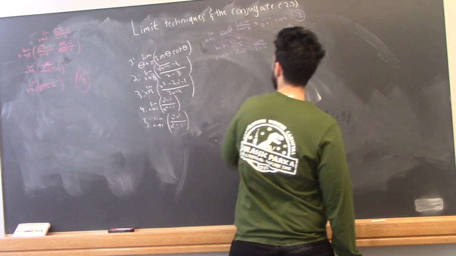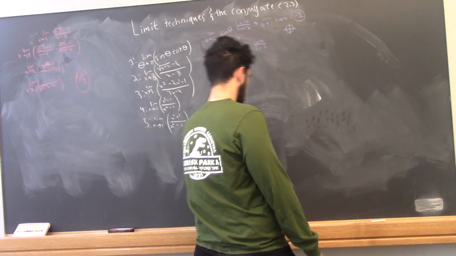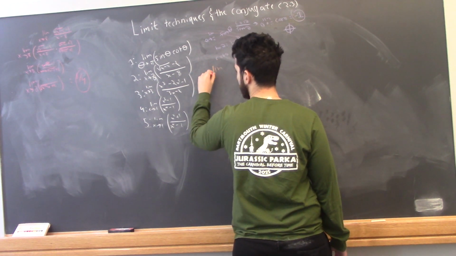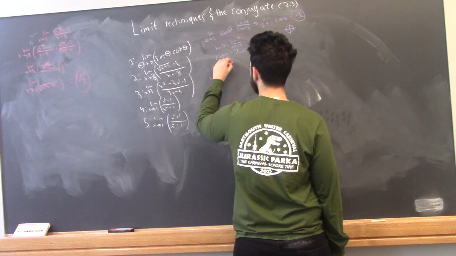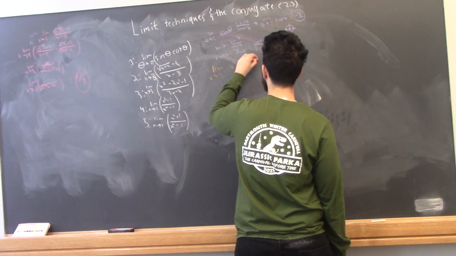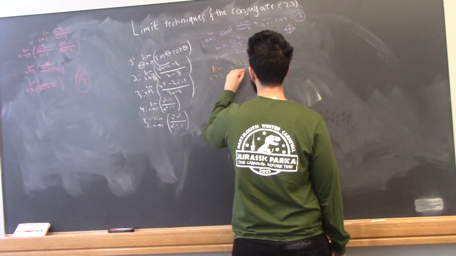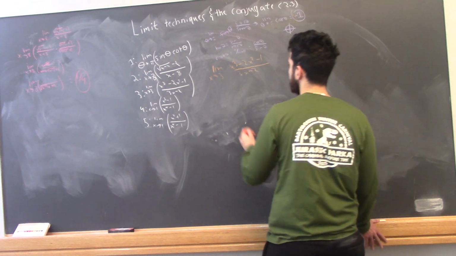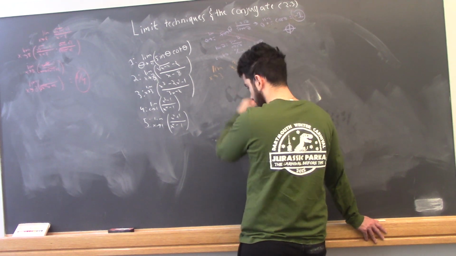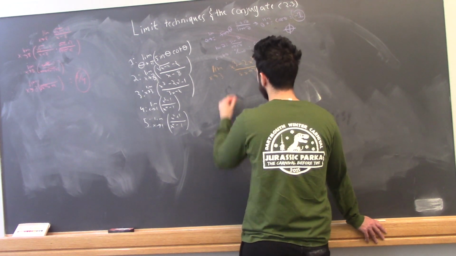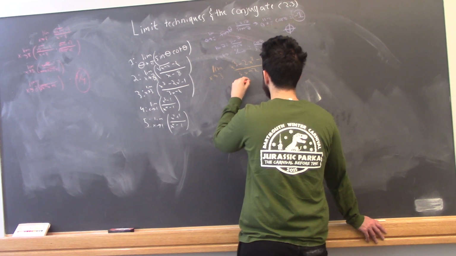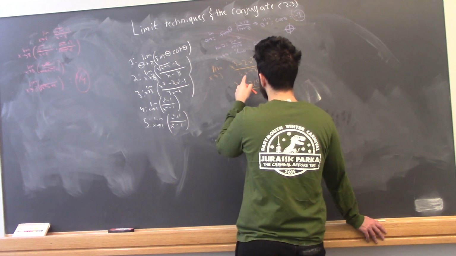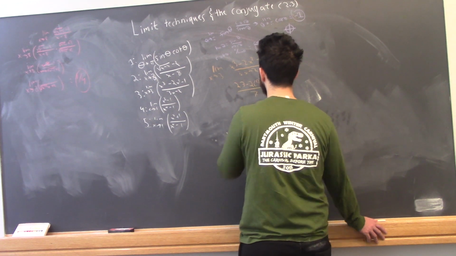All right, so now let's do the third one. This third one will be over here in orange. We'll have the limit as x goes to 3 of x cubed minus 2x squared minus 1 over 3x minus 2. All right, let's just plug it in and see what happens. 3 cubed is 27, minus 2 times 9, minus 1, over 3 times 3, 9, minus 2, 7.